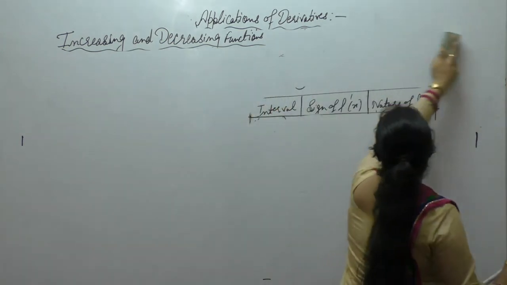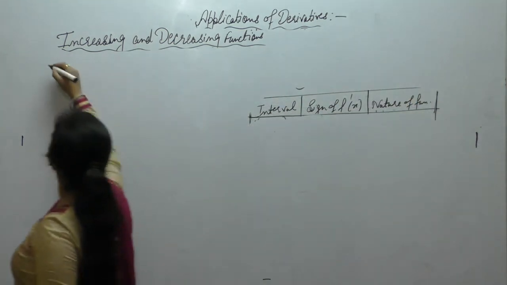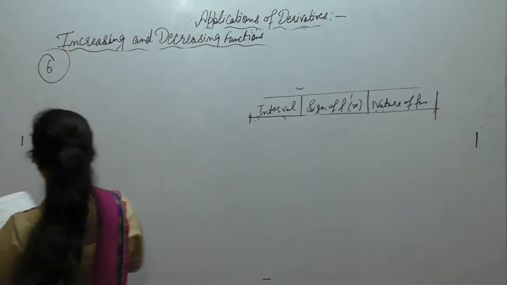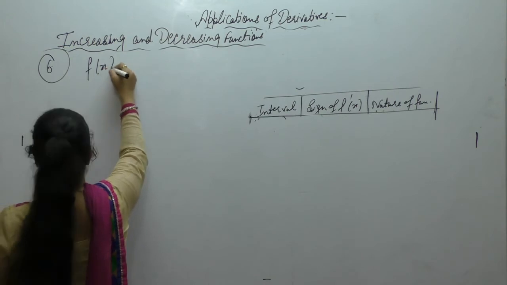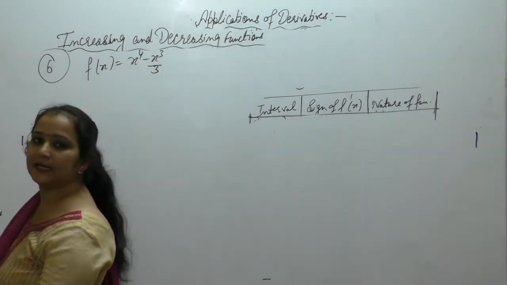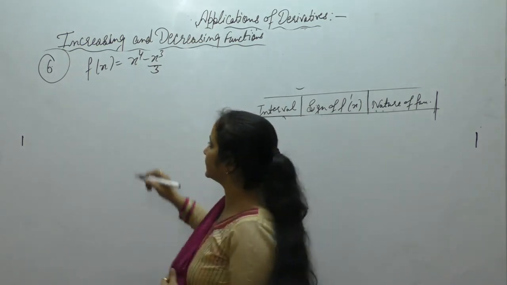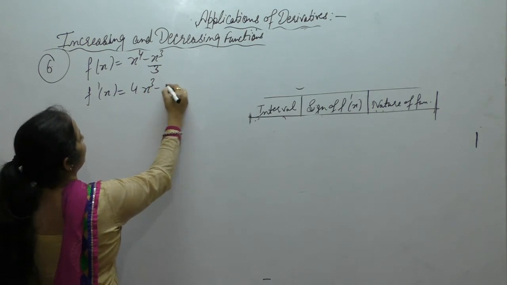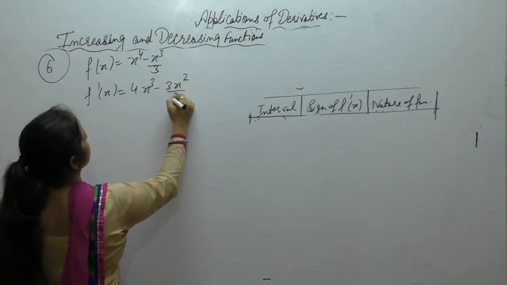Now the next question. Find the intervals in which the function x to the power 4 minus x cubed by 3 is increasing or decreasing. Take the derivative. Derivative of x4 minus 3x square upon 3.